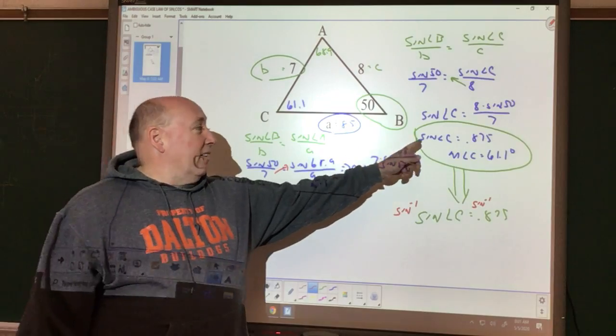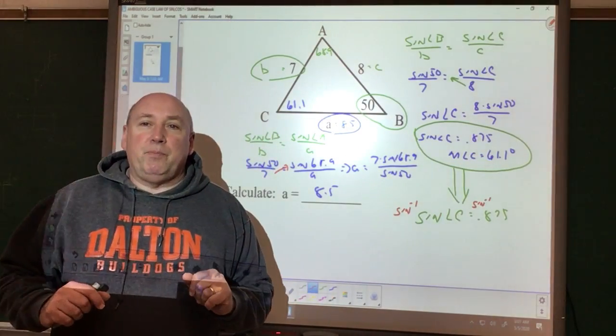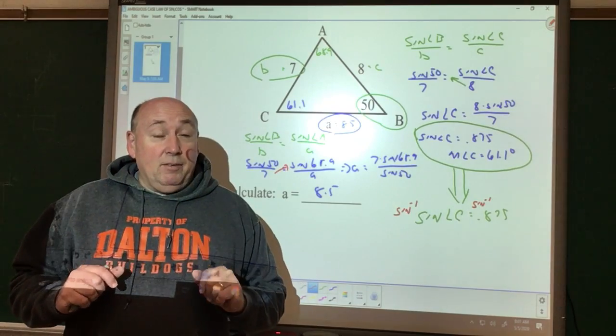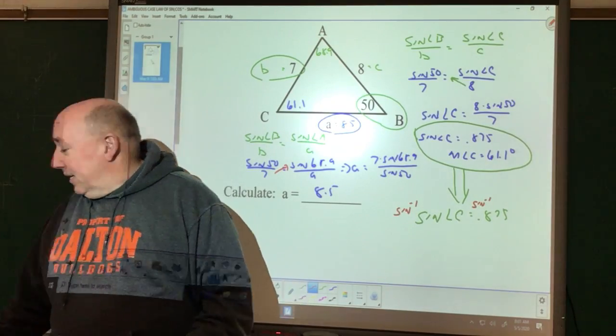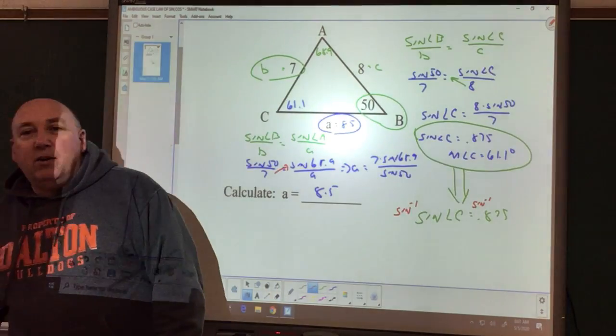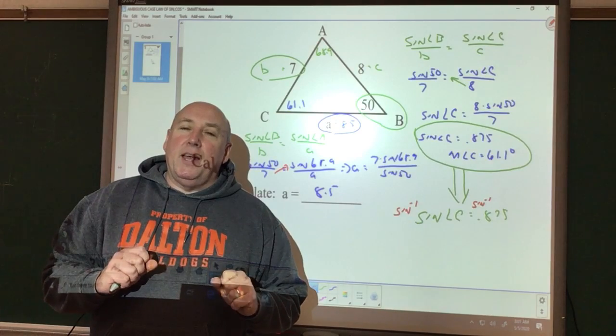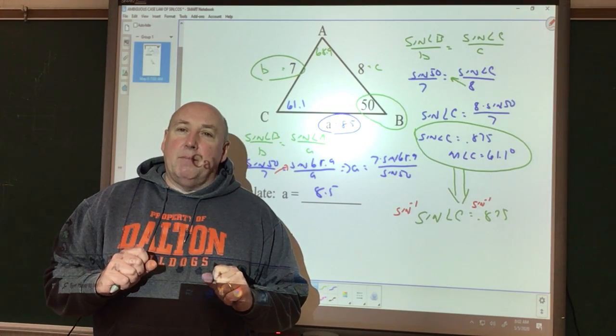We had the calculator value, which we called the principal value, easy to find. But when we did the inverse sine, what other value did we have to come up with?